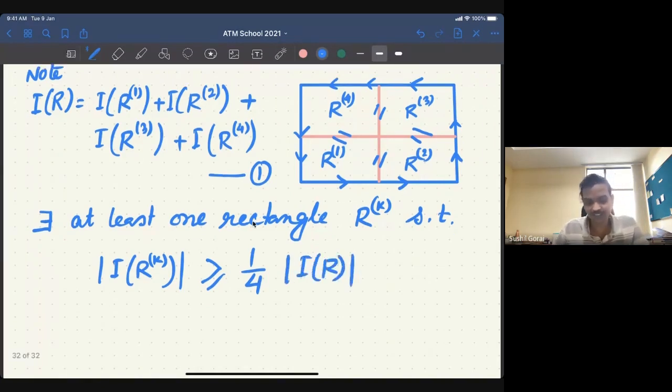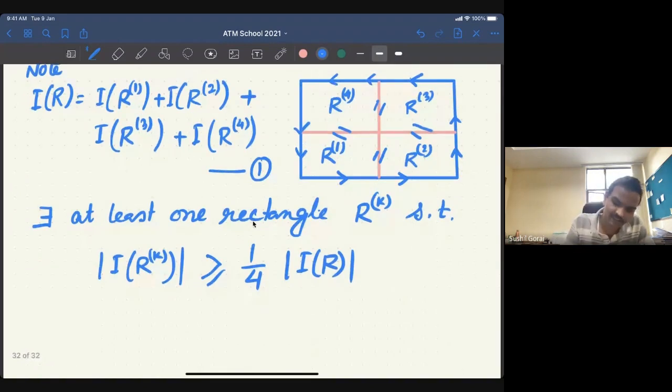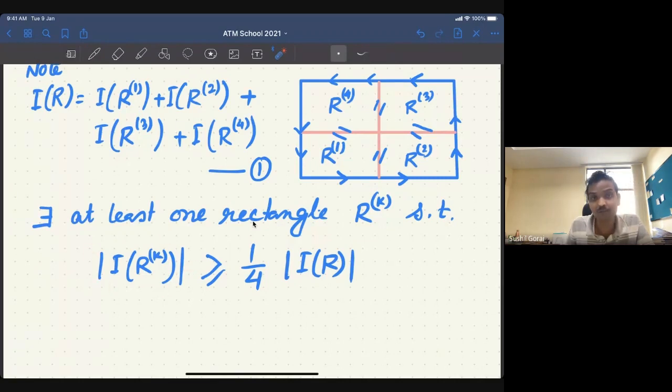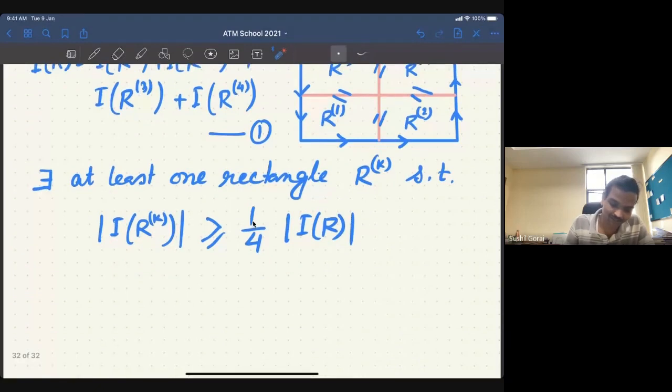So is this okay? See, I_R is the summation of these 4, right? So if all of them were strictly less than 1/4 of I_R, then there will be a contradiction, right?